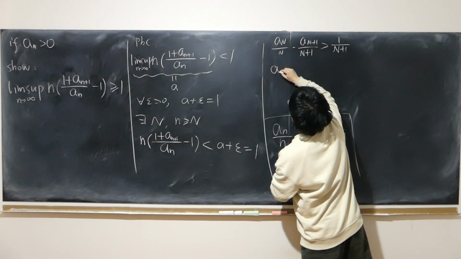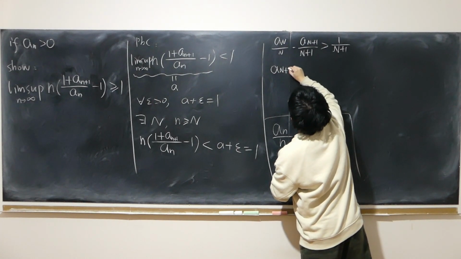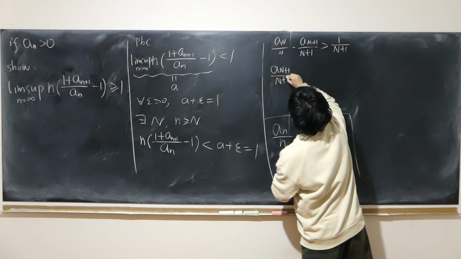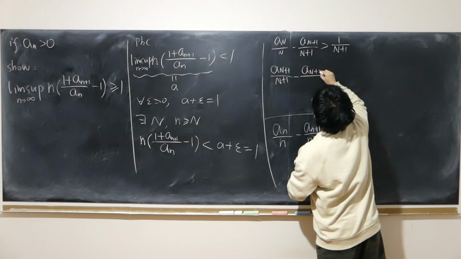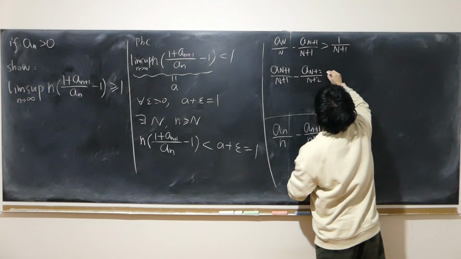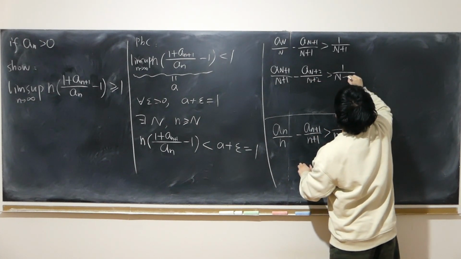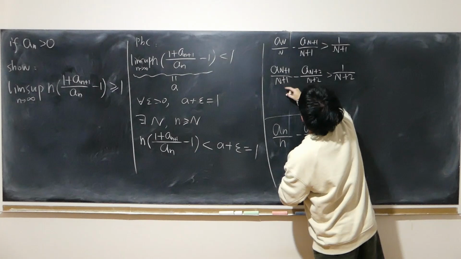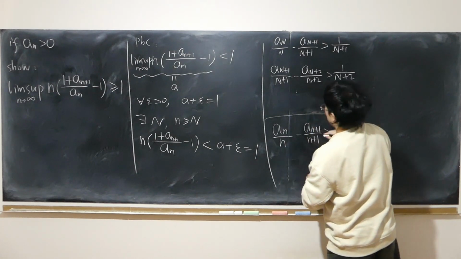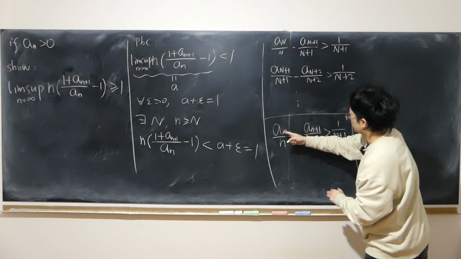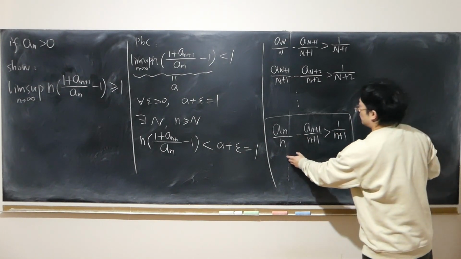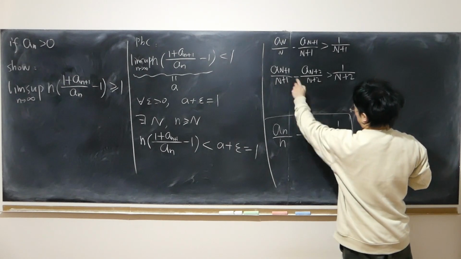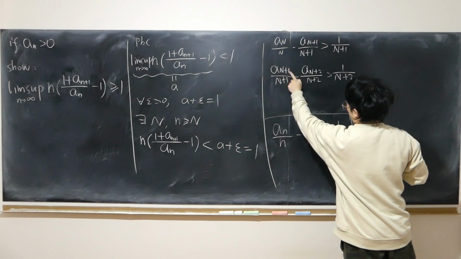Also, a capital N plus 1 over capital N plus 1 minus a capital N plus 2 over capital N plus 2 is bigger than 1 over capital N plus 2, until this one. Small n can be very, very large, but capital N is fixed. This is a subscript here.